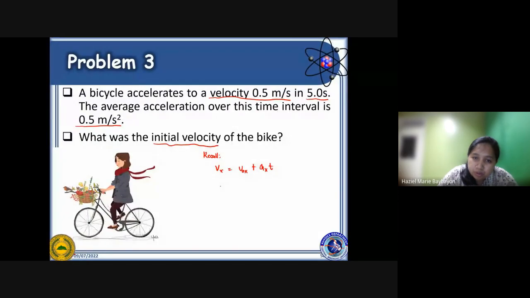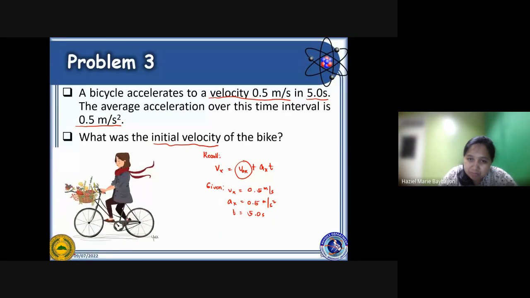So given V sub x equals 0.5 meters per second, A sub x equals 0.5 meters per second squared, and time equals 5 seconds. Okay, so we can get this one by manipulating our equation. We have to isolate this, kaya mo siya ang target variable.